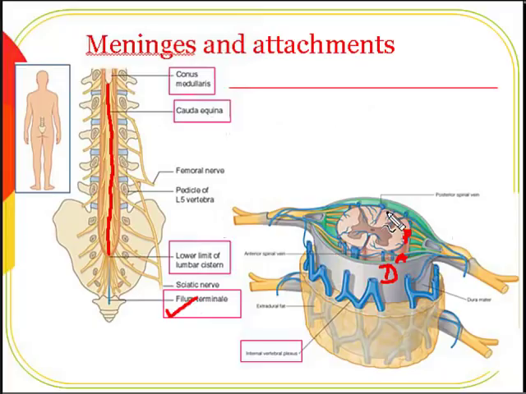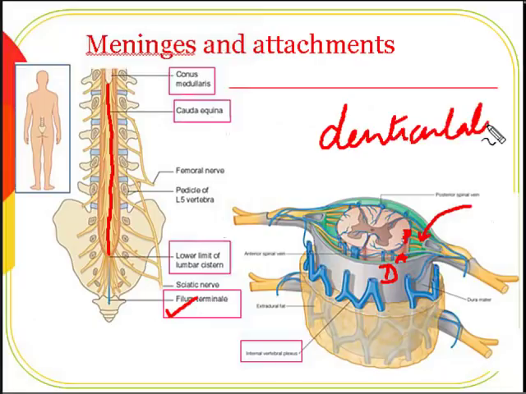The pia mater sends out, if you remember, a ligament on either side, which is known as the denticulate ligament. That denticulate ligament attaches to the dura mater and helps to anchor the spinal cord. However, the passage of these spinal nerves as they come out through the intervertebral foramina really provides the best anchorage of the spinal cord within the vertebral canal.